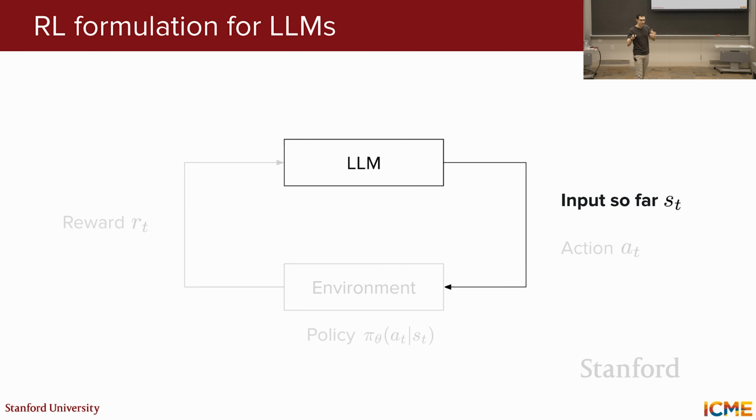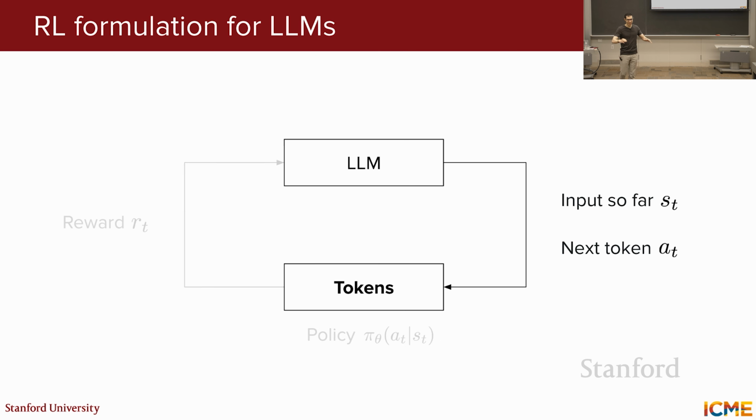The state that it is in is simply the input that it has so far. The action that it wants to do is to predict the next token. It basically always wonders, OK, what is the next token given this input? And this action, or this next token, is among the set of tokens that there are out there. So if you want, the environment can be the set of tokens of your vocabulary.